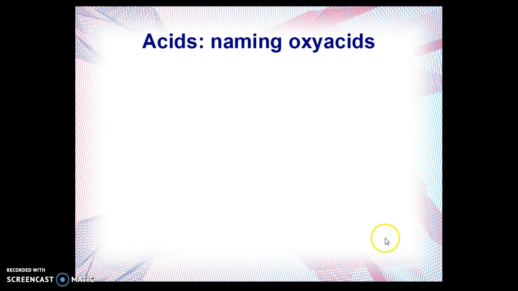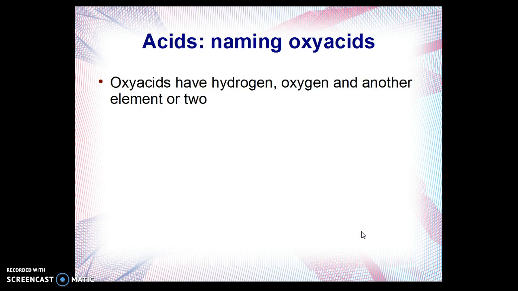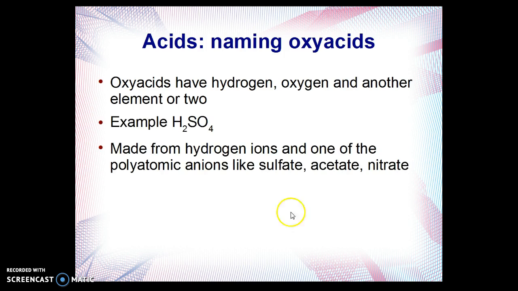Let's name oxyacids. These are acids that not only have hydrogen, but also oxygen in them. They have hydrogen, oxygen, and usually just one more element. So H2SO4 is made of hydrogen ions, and the polyatomic ion here is sulfate.